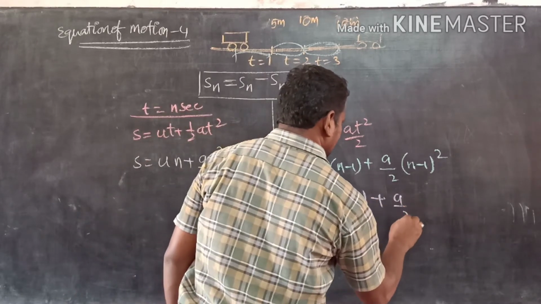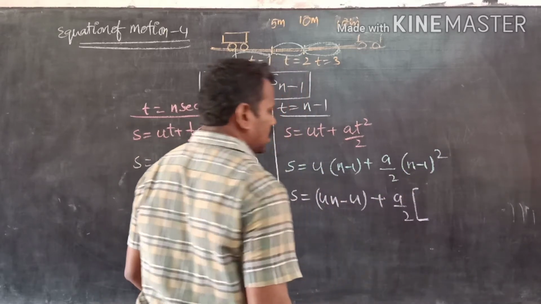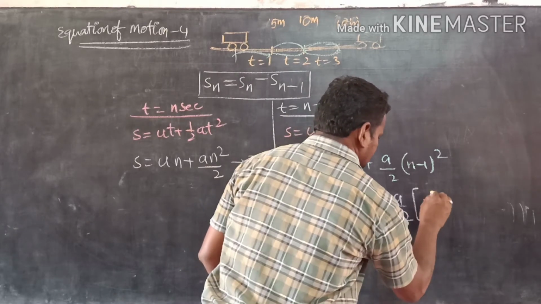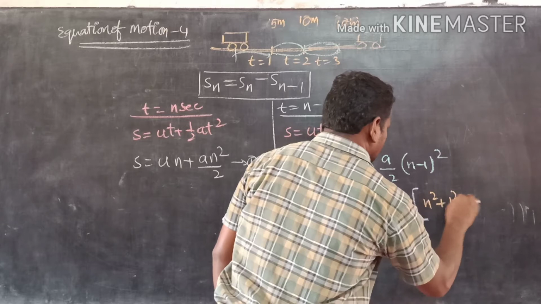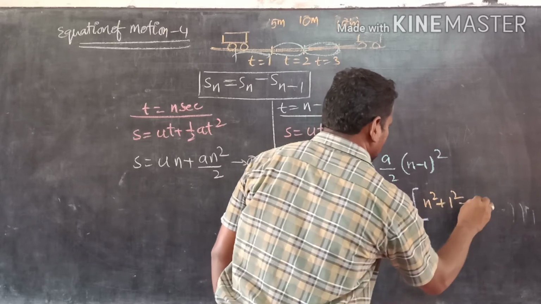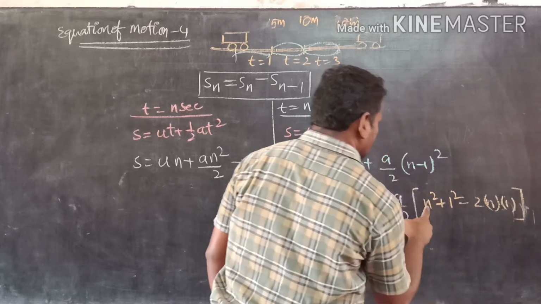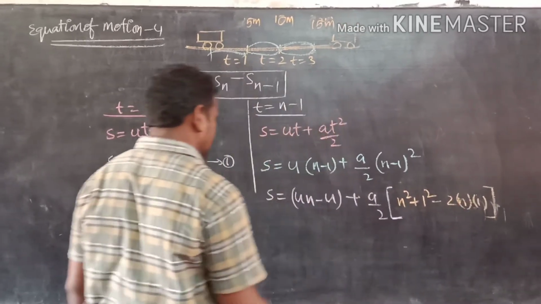plus a by 2 of, this is there in the formula of a minus b whole square. Then what happens? n square plus 1 square minus 2n into 1, that is a square plus b square minus 2ab.